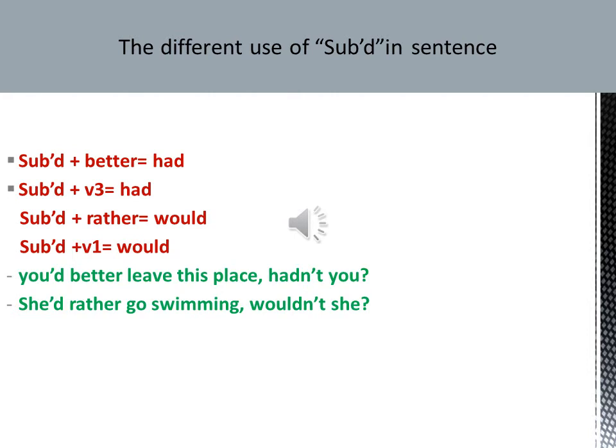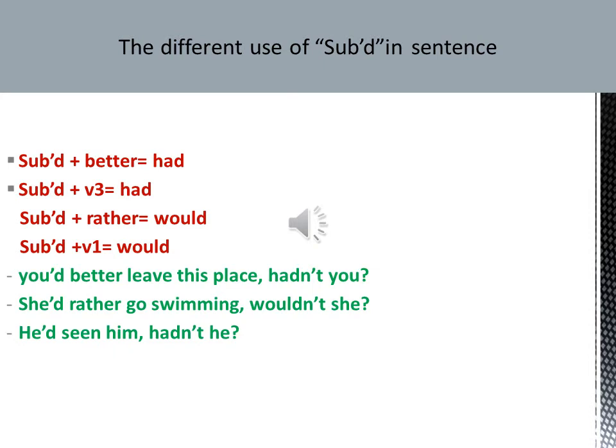And in the next sentence, apostrophe d after rather is used here. Let's see. She'd rather go swimming, wouldn't she? That's why wouldn't she is used here. Let's see another example. He'd seen him, hadn't he? The main verb is in V3.